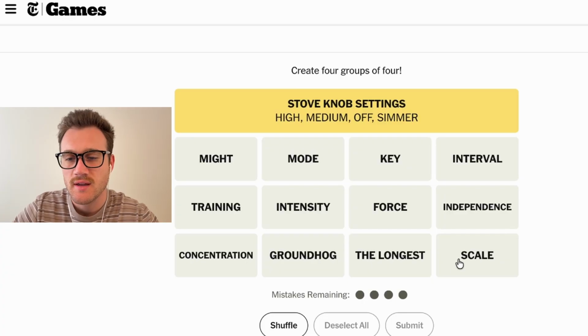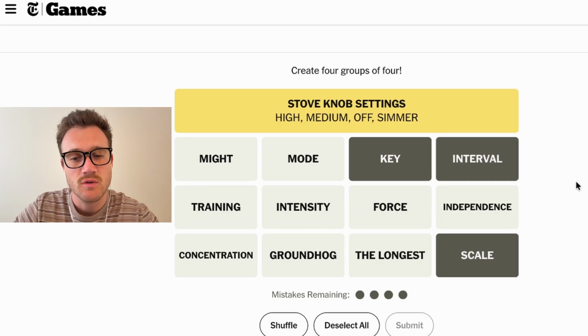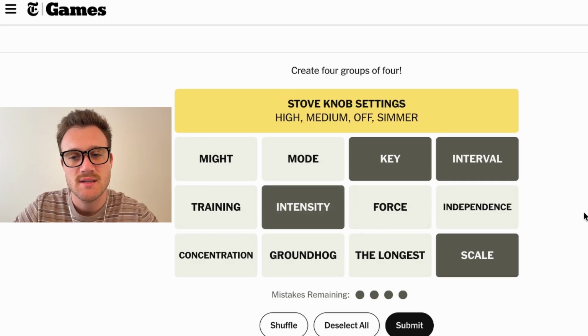All right. I also think scale, key, interval, and maybe intensity are music related. Don't know the exact name of the category, but I think it's music related. Let's see.